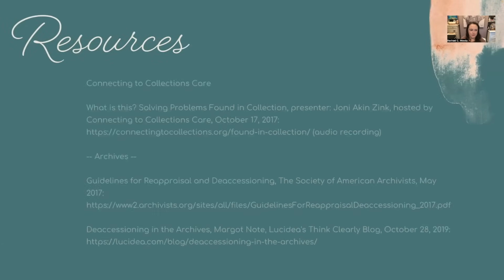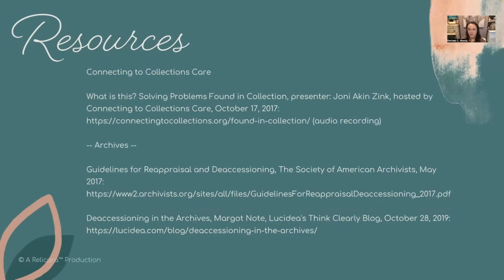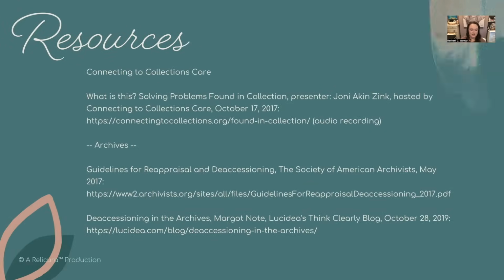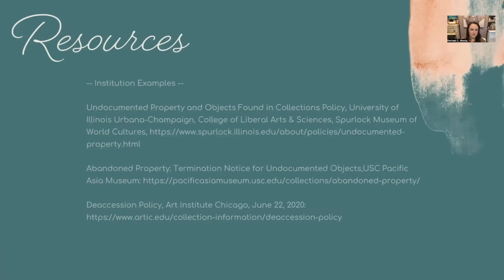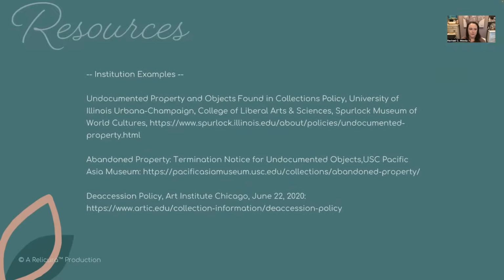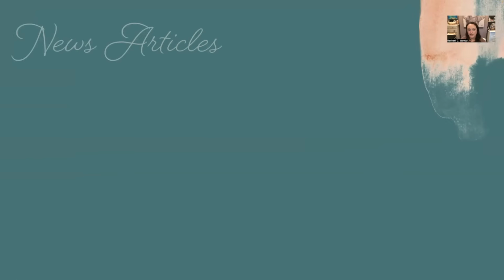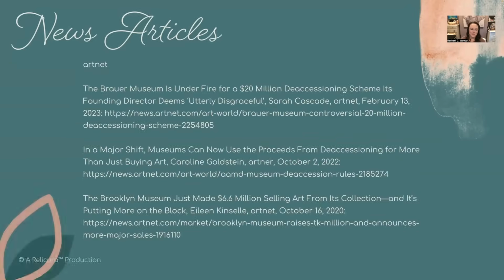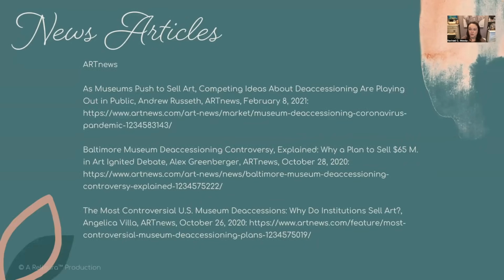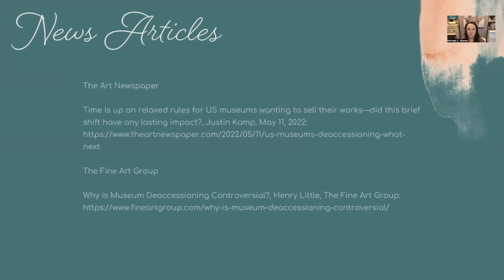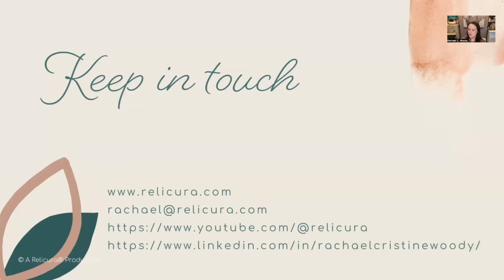I do have both museum and archives deaccessioning resources, institutional examples, and I also have linked the news articles that we took a look at, as well as news articles that I used while putting the slide deck together or that I've read in the past about this particular topic. So if you enjoy reading about that, go check them out.